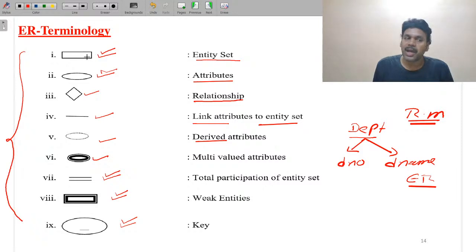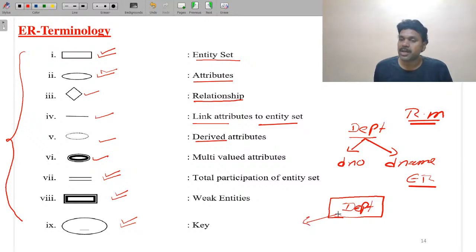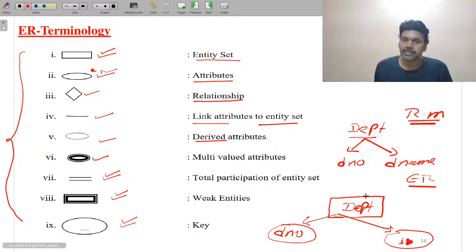So entity, you have to put it in this form. Therefore, you have a department entity. To identify that it is an entity, you put it in this form. And there are two attributes. Attributes are represented like this. So take one attribute, take another attribute, and write the names of the attributes like DNO and DName.